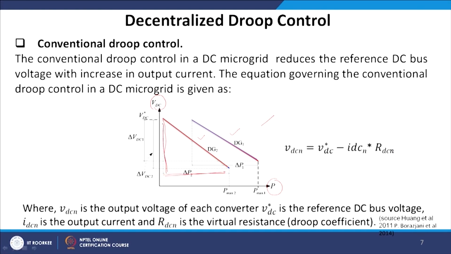Now, VDC star is the operational voltage, and that keeps on varying with respect to change in my power.